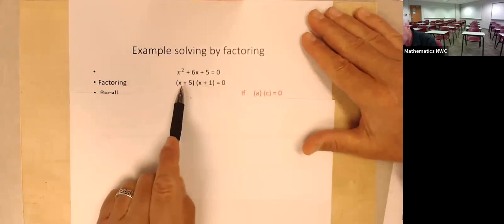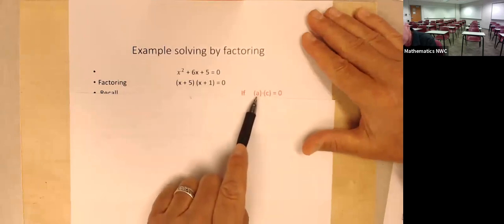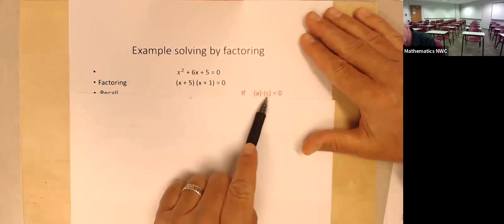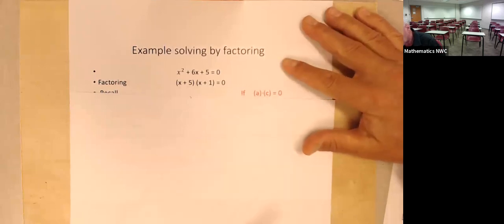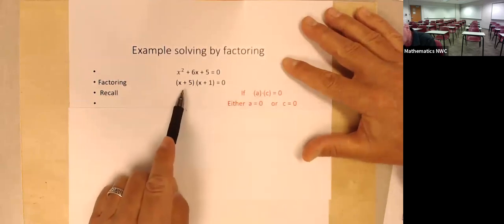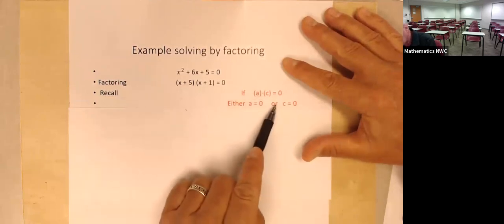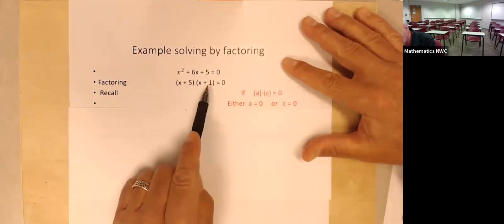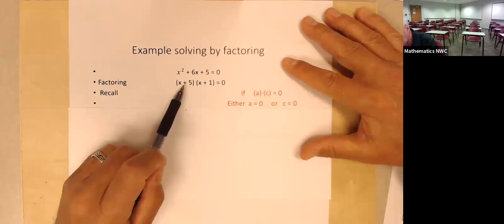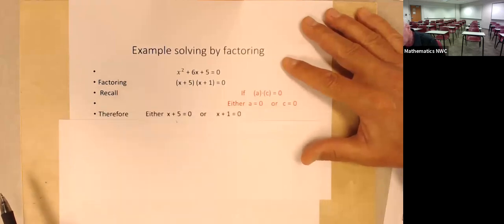I'm reminding you this x plus 5 is like the A. The x plus 1 is like the C. What do I know about those? You remember I know that either this A is 0, that means x plus 5 is 0, or this C is 0, that would mean x plus 1 is 0. That's how I get from this equation down to the next one.